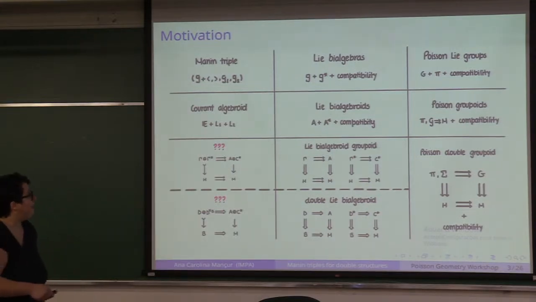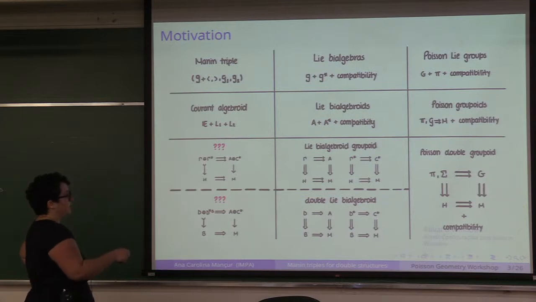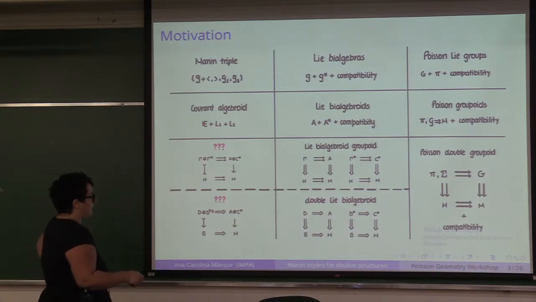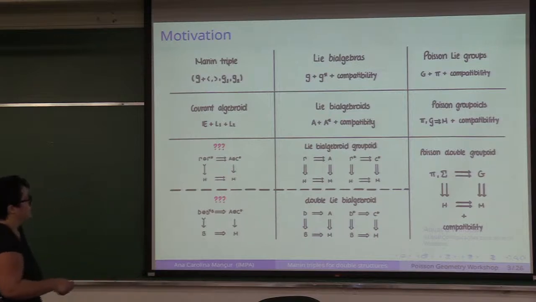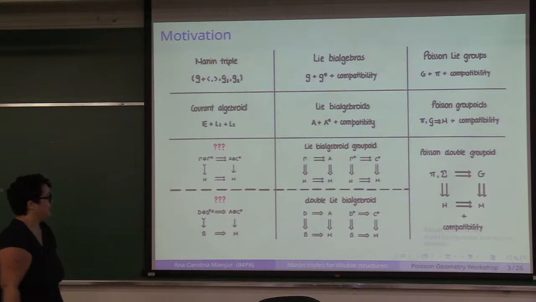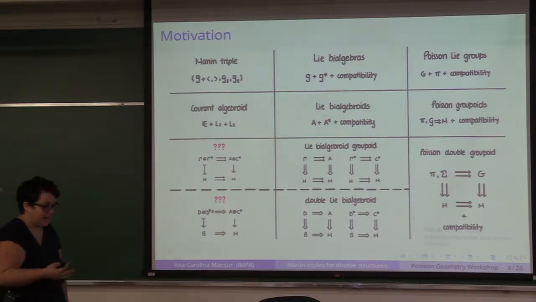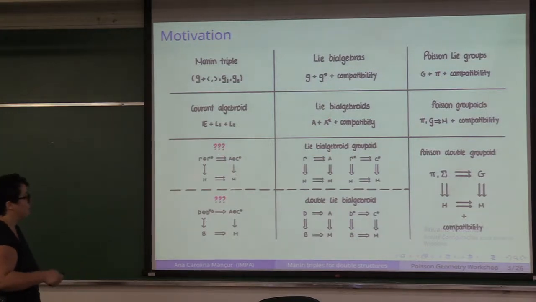So by the second line, we get a Courant algebroid here, and here a similar thing occurs. We have some double, and the question here is what is the compatibility between these two structures and the compatibility between these two structures.